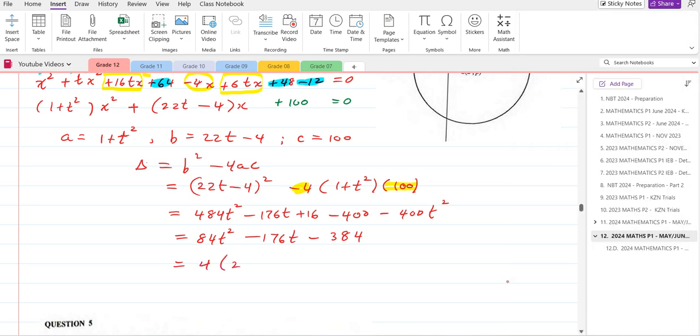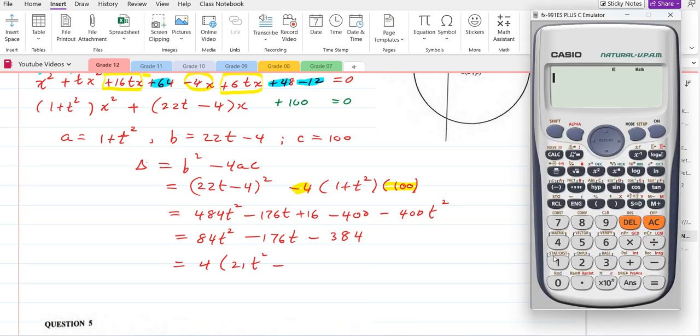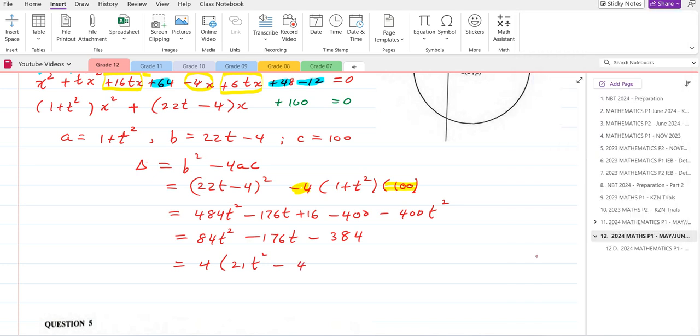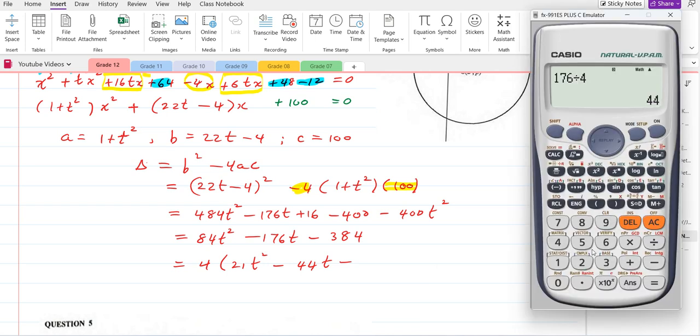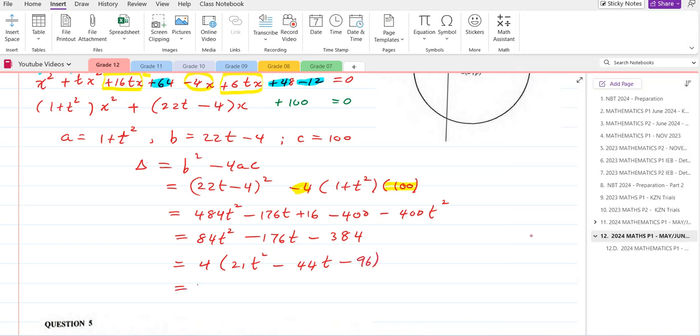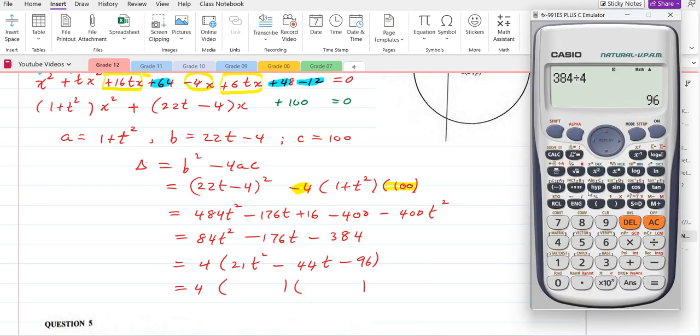So I've got 21t squared minus, what is 176 divided by 4? I'm getting 44t minus 384 divided by 4, which is 96. So I can factorize this into 4, open 2 brackets. I'm going to use mode, otherwise you have to use the quadratic formula to solve, factorize this, or find some other techniques.